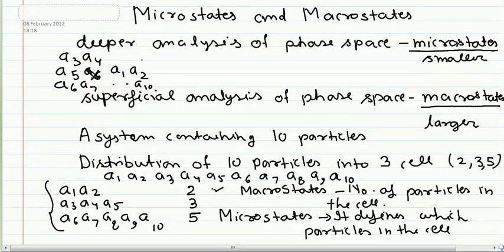So this is another type of distribution in which, instead of A1, A2 in the first cell, we now have A3, A4 in the first cell.